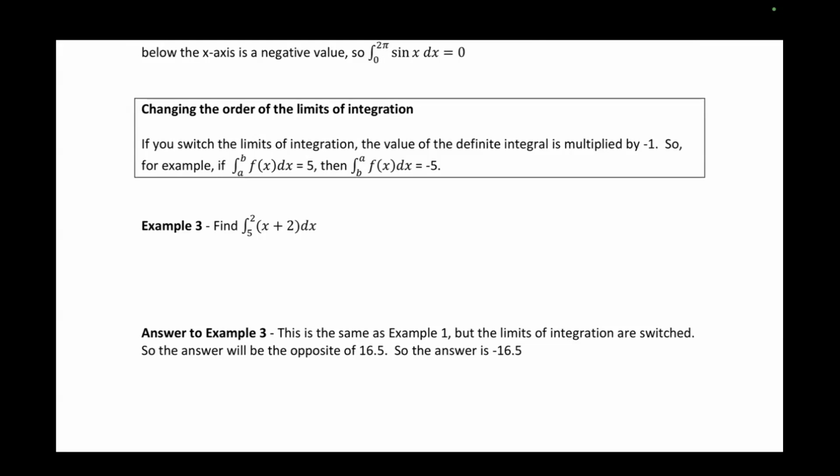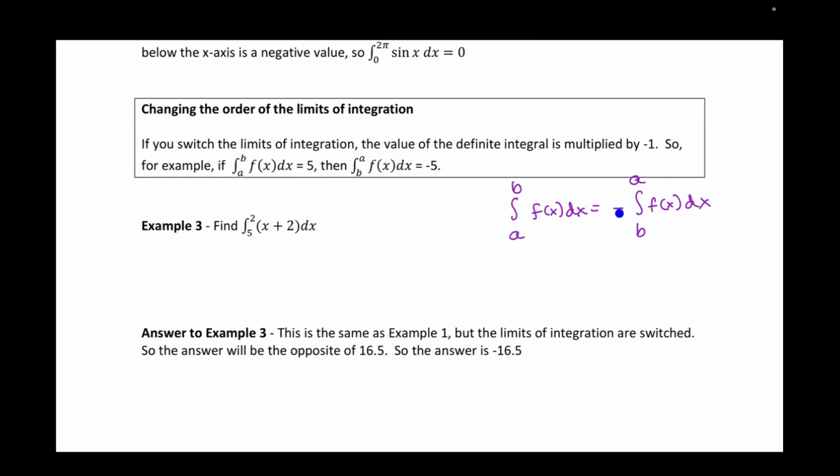For reasons that you'll see more later, when we change the order of the limits of integration, we multiply the definite integral by -1. So in other words, the integral from a to b of f of x dx will equal the opposite of the integral from b to a of f of x dx. So do you see how those limits switched, a to b versus b to a?